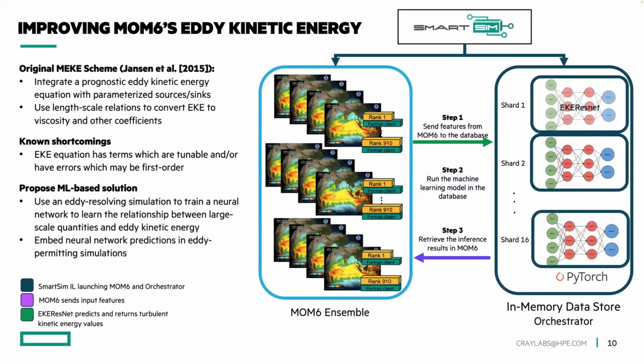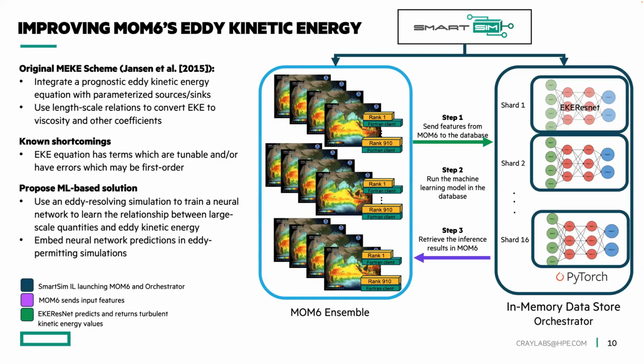What was this problem? Well, they were using MOM6, and they still are, of course, a well-established Fortran code for oceanography. This is the Modular Ocean Model 6. The model obviously has different parts, different time steps, and different quantities which are computed. But one quantity which is kind of difficult to compute at some scales is the eddy kinetic energy. Why so?